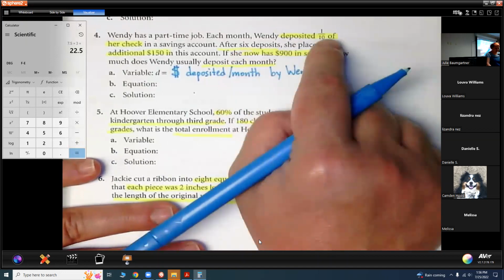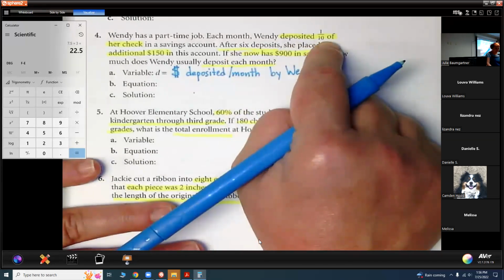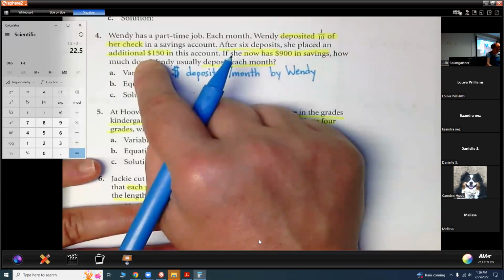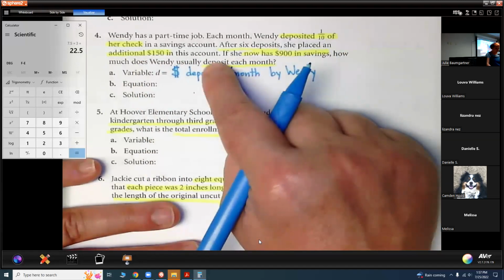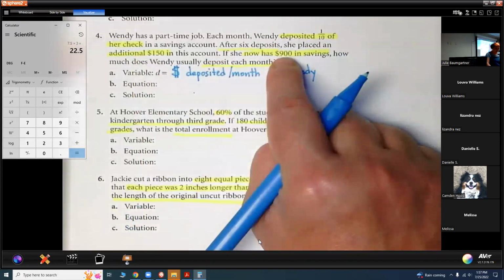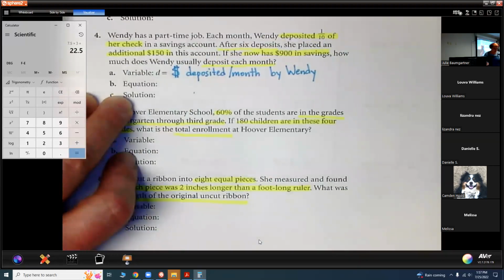So it's 6 deposits of 1/10, and then an additional $150. So that now, after this and this, the total is 900.